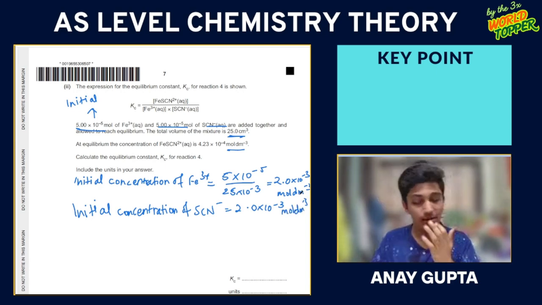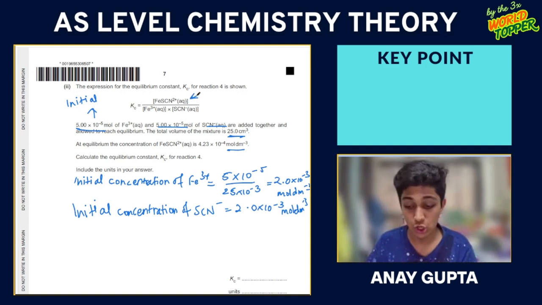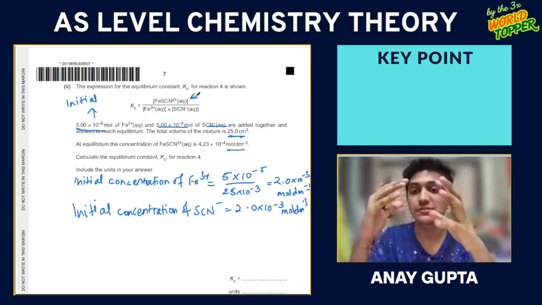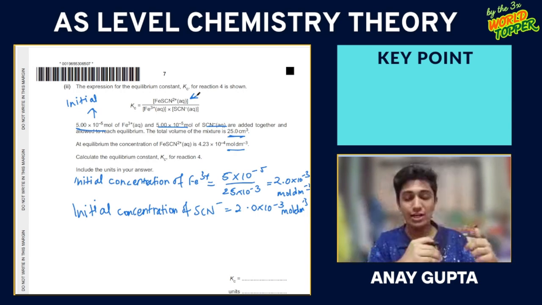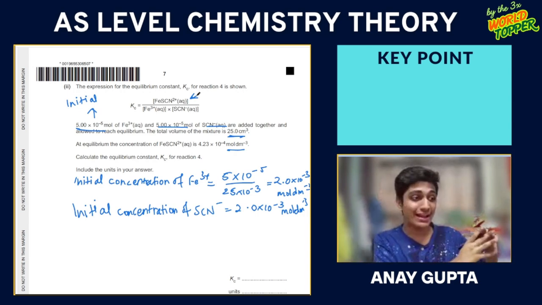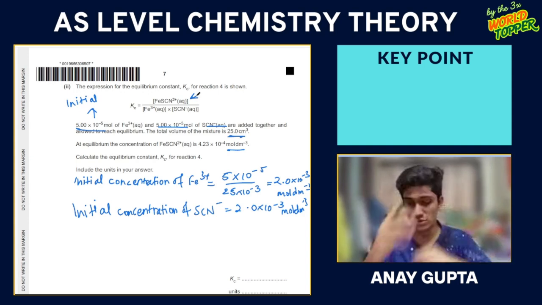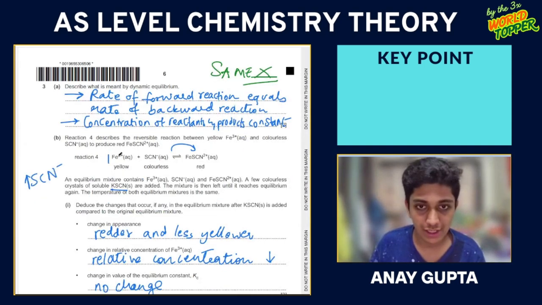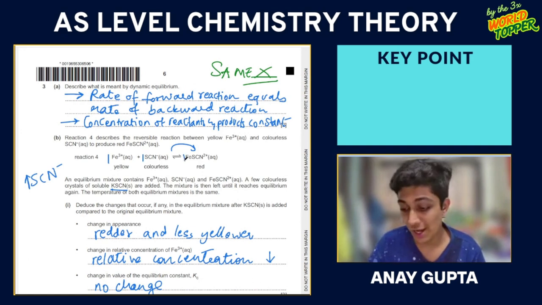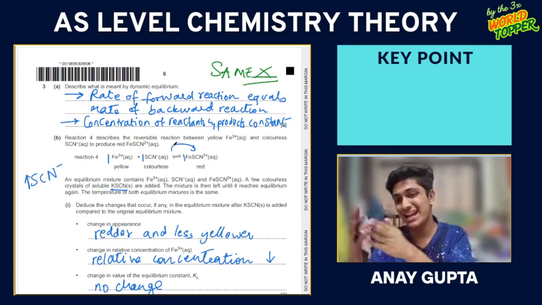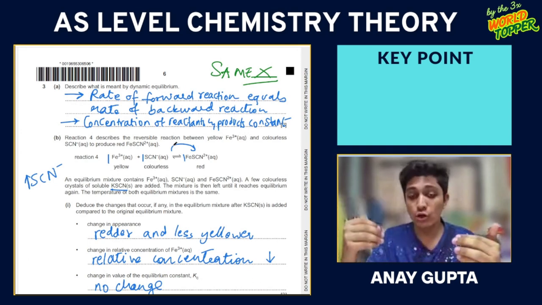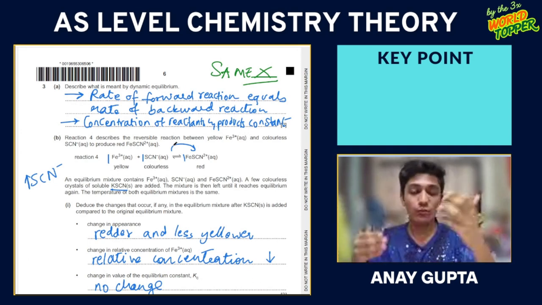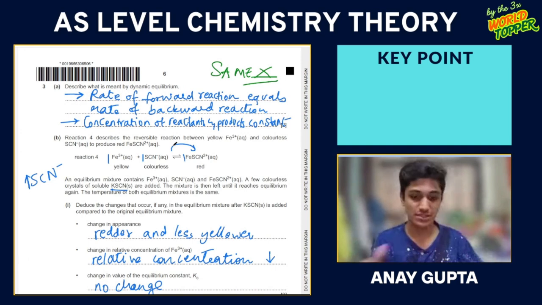Now, always remember, guys, the initial concentration of the product was 0. So, how much of the product is formed, that much of the reactant is taken away from the initial moles. If we look at the stoichiometric equation, the ratio is 1 to 1 to 1. So, if 1 mole of FeSCN2+ forms, 1 mole of SCN- reduces, and 1 mole of Fe3+ reduces.